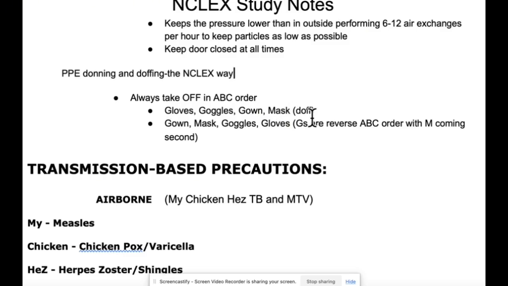All right, now donning: gown, mask, goggles, and gloves. So reverse alphabetical order, where the G's are in reverse ABC order, with the M coming second. Can you remember that? All right, reverse ABC order. So gown, goggles, gloves, right? But shove mask in the second position and you're good to go.